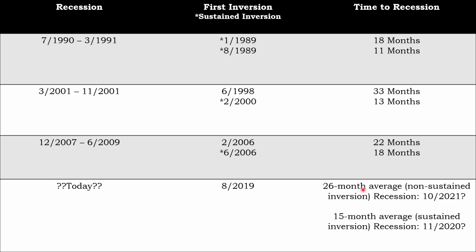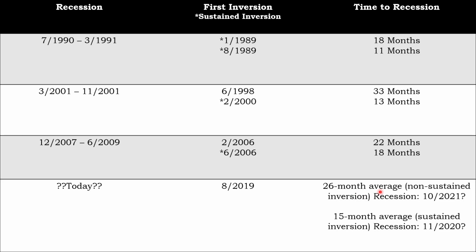If we just take the average of the few numbers that we have, and of course this is not a big sample, so this is not highly significant, but nevertheless we're looking at history to be a guide here. So if we're looking at non-sustained inversions, we have a 26-month average. This is the lead time before we find ourselves in recession. If this is the case, we will enter recession in October of 2021.